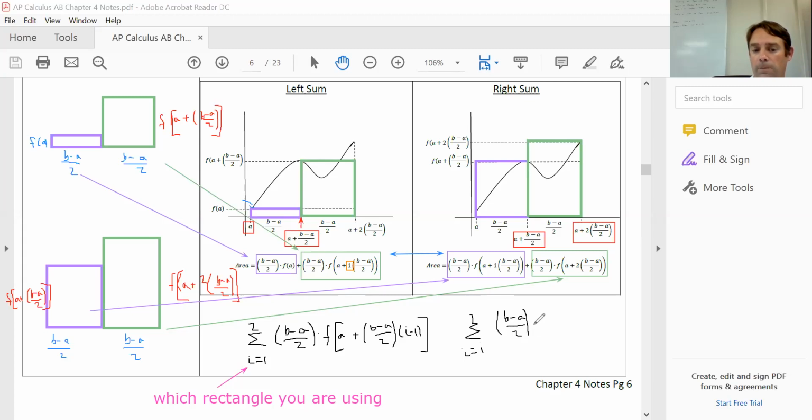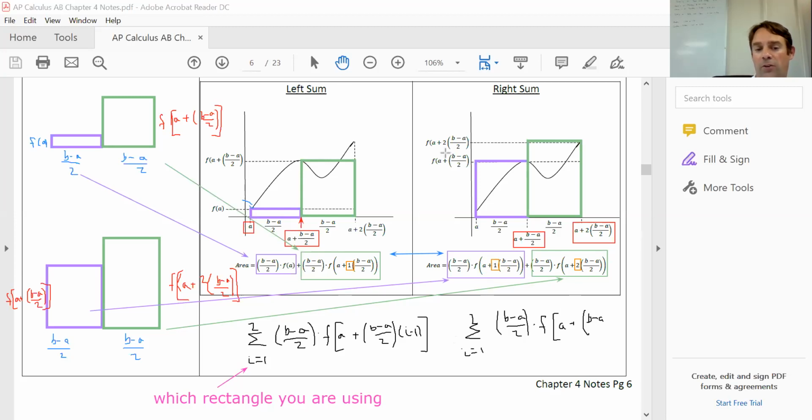And the height, they both start off with a, but I'm using the right value. So how many b minus a partitions did I have to go to the right? Well, on the purple rectangle, I had to go over 1 partition. And on this one, I had to go over 2 partitions.